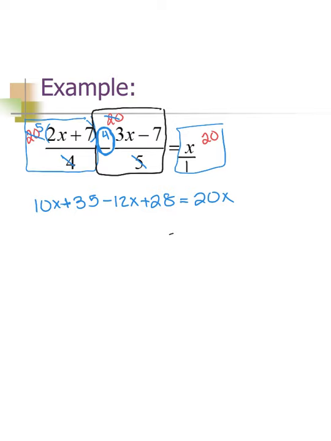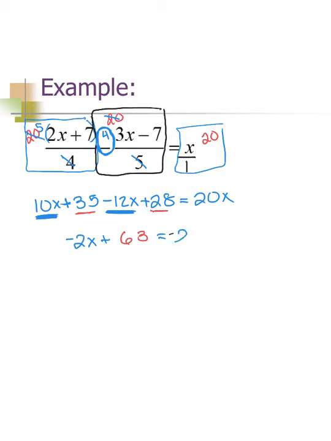Now I have a regular linear equation to solve. If I combine like terms, 10x minus 12x is -2x. If I add my numbers, in this case, I've got 35 plus 28. I'm going to get 63.